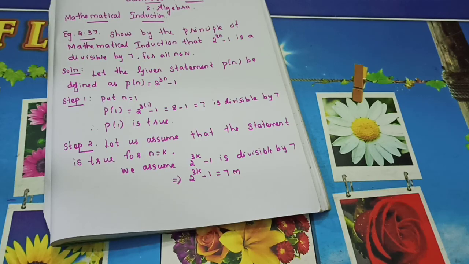So if we assume 2 power 3k minus 1 is divisible by 7, its value must always be equal to 7 into something. If it were divisible by 5, you would write 5 into m, and 5 into 1, 5 into 2, whatever, would be divisible by 5. Understand?